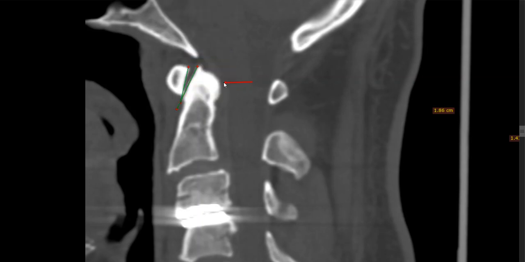The transverse ligament is a band that wraps from the sides of C1 and comes around C2 and hugs it right here. It's a very, very strong ligament, but there are actually two sections of it. You have the lower transverse, and you have an upper occipital transverse. That's usually what creates this V sign.